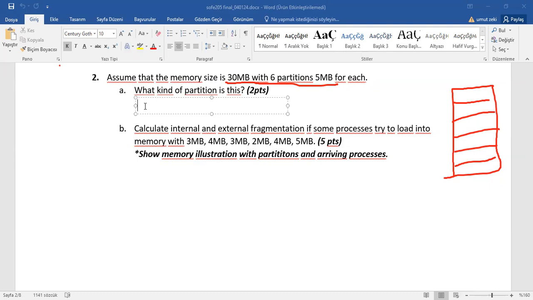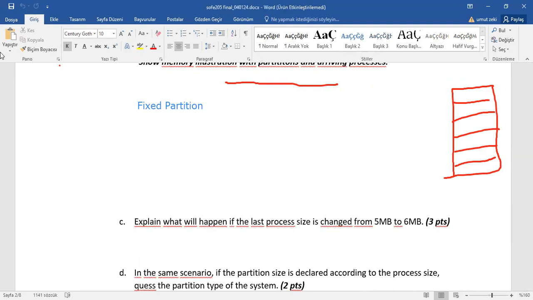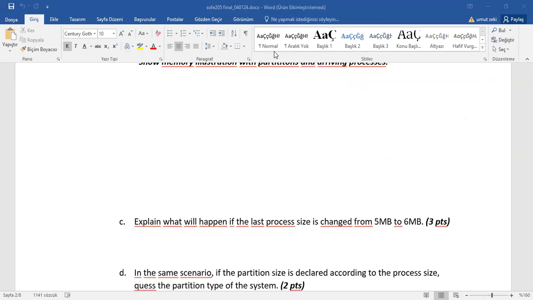So when we ask what kind of partition this is, it is a fixed partition. Did you understand why we say it is a fixed partition? I can show you the difference from the sentence. Let me erase this one.